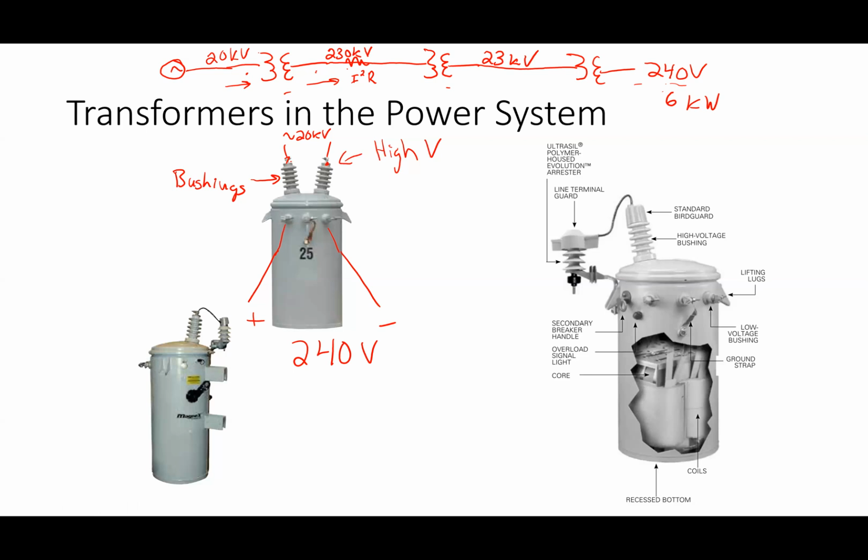This one here is the one I see more commonly when I look around. Is this guy here where there's one tap. Any idea what I mean, this is going to be on a test, so you can stop paying attention if you want to, but I got 20 kV here. Why do you think this guy has the 2 heads sticking up and this guy only has the 1?